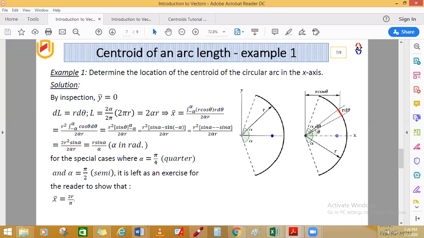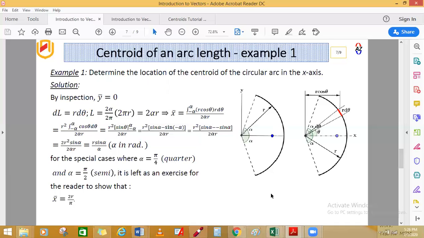It will be somewhere in the middle, like a mirror where you can put a mirror for both sides. So this point will lie on the x-axis. If it lies on the x-axis, then just by inspection you have already concluded that y bar is equal to 0.